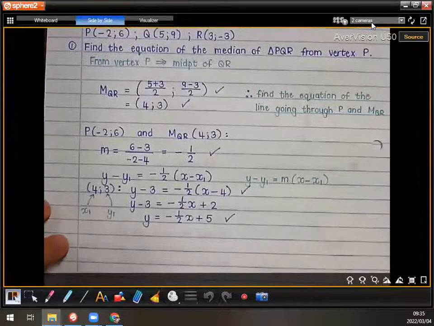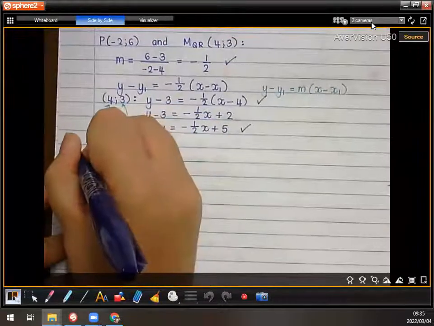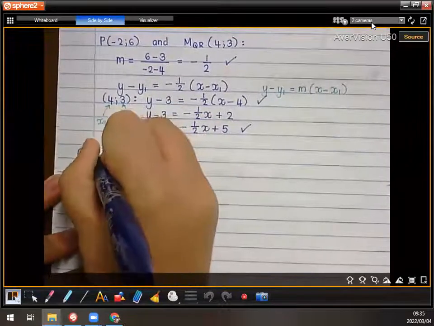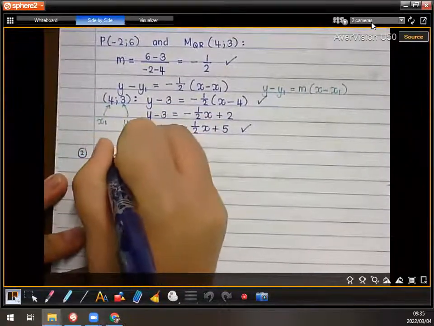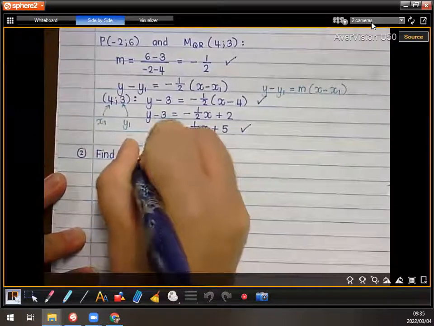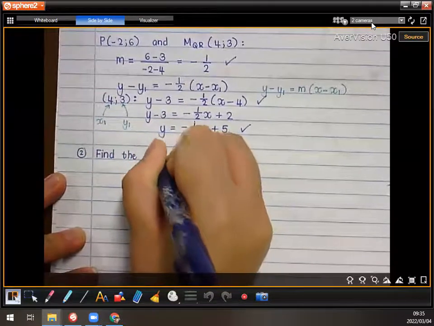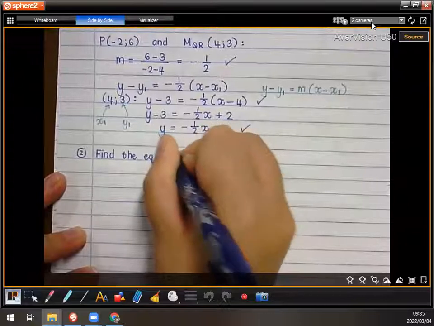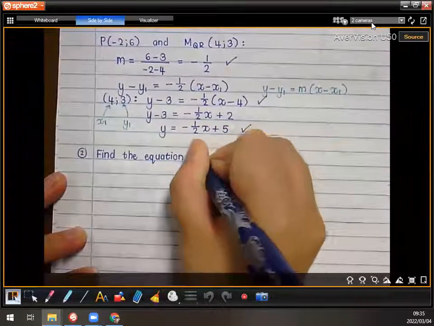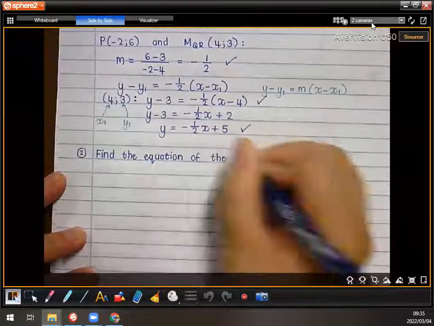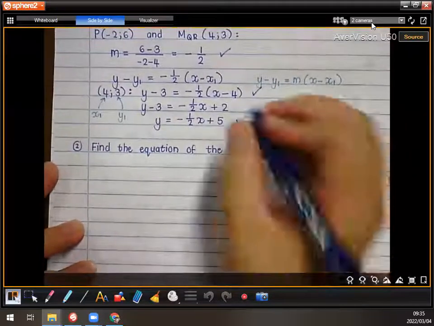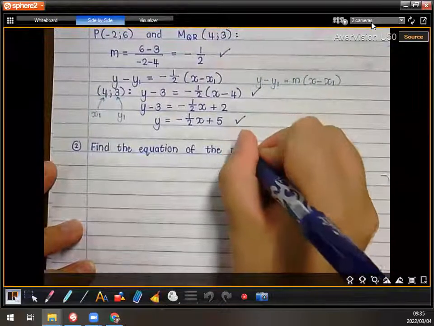Okay, your work now, you will be able to finish it in class, I'm sure, is for number 2. We're still working with the same points, but you are going to find the equation of the median from vertex Q, and then you're going to find the equation of the median from vertex R. So the other two medians. So number 2.